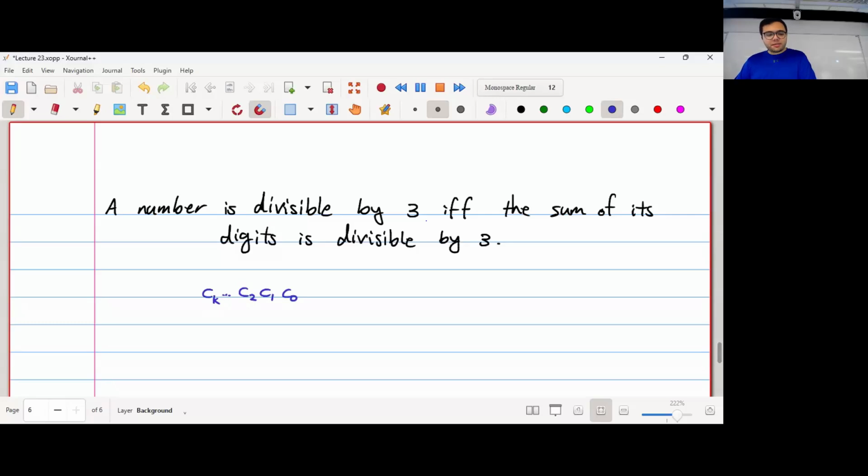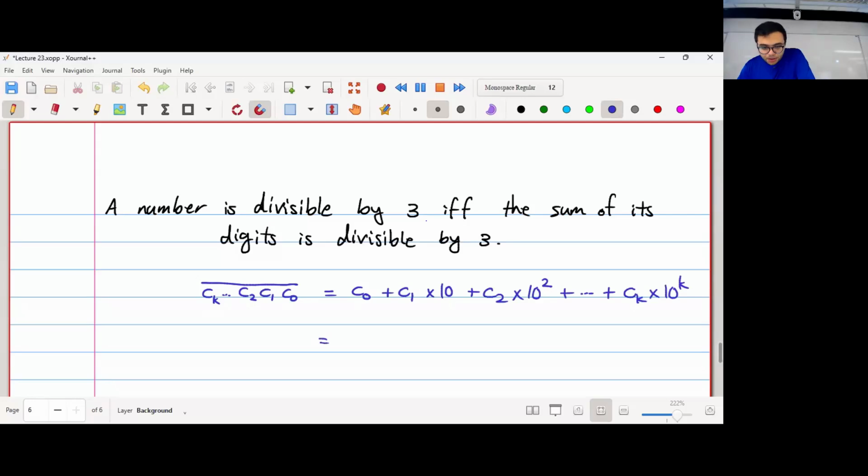Let's say these are the digits of my number. So what does this number actually represent? This is C0 plus C1 times 10 plus C2 times 100, right? So on to CK times 10 to the power of k.